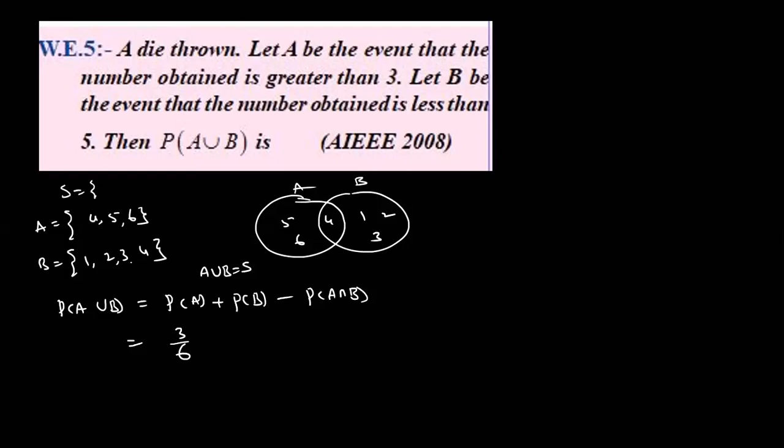What is S? 1, 2, 3, 4, 5, 6. Plus P of B, 4 by 6. Minus, is there any common element? Only 1. So how much is coming? 6 by 6. So the answer is what? 1. Yeah, correct. Pawan, Rakshit, correct, absolutely. Answer is 1.